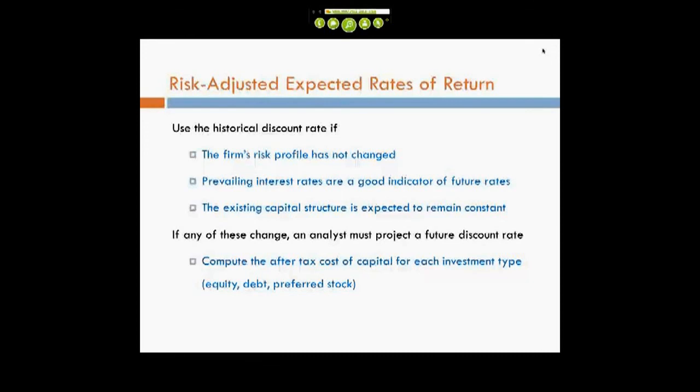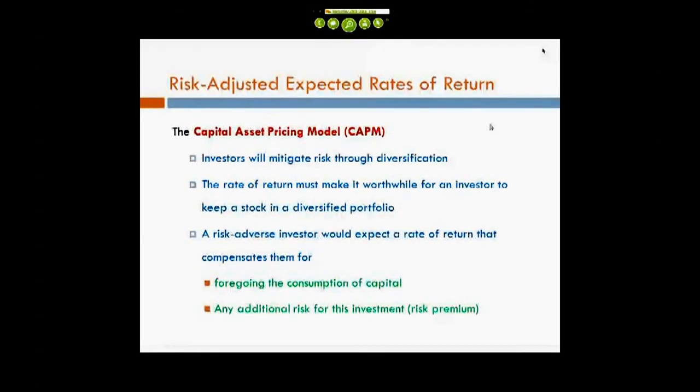And you would do that for each of your different types of capital: equity, debt, and preferred stock. The one we'll focus on is equity. And for that, you use the capital asset pricing model.